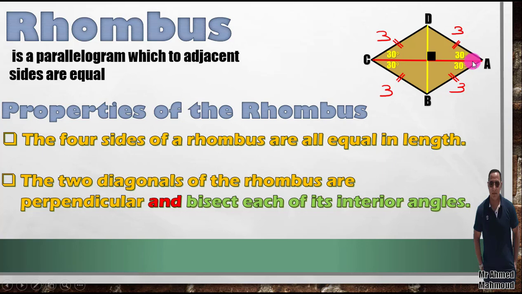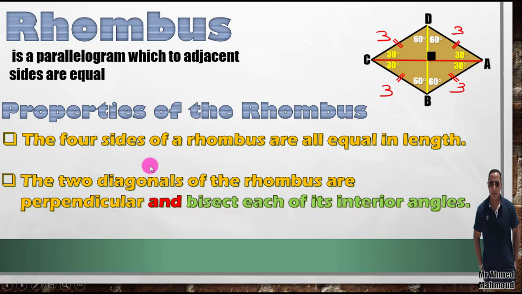This is because of the diagonal which divides the angle. Also, if angle D equals 120 and angle B equals 120, the diagonal bisects the angle to make it 60 and 60, and here B also 60 and 60. So we get the four angles around this diagonal equal.